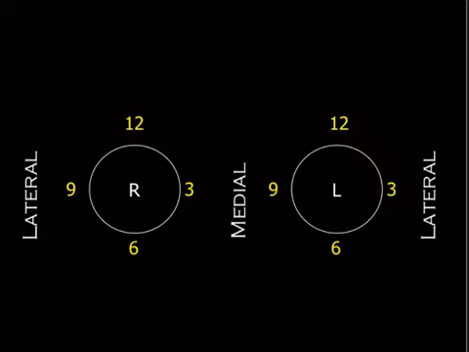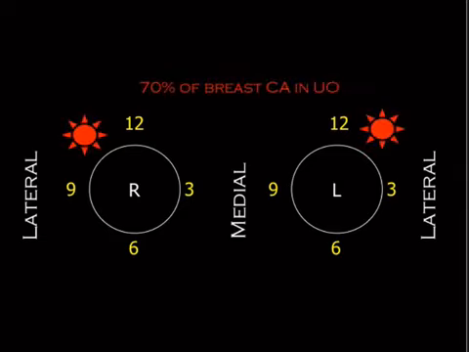And notice that it's going to be different on each side. In other words, lateral on the right is 9, whereas lateral on the left is 3. So you have to visualize these clocks in your head. You can't just memorize the numbers. 12 and 6 is always going to be the same, but 9 and 3 is going to flip. Now the upper outer quadrant is where most breast cancers are.